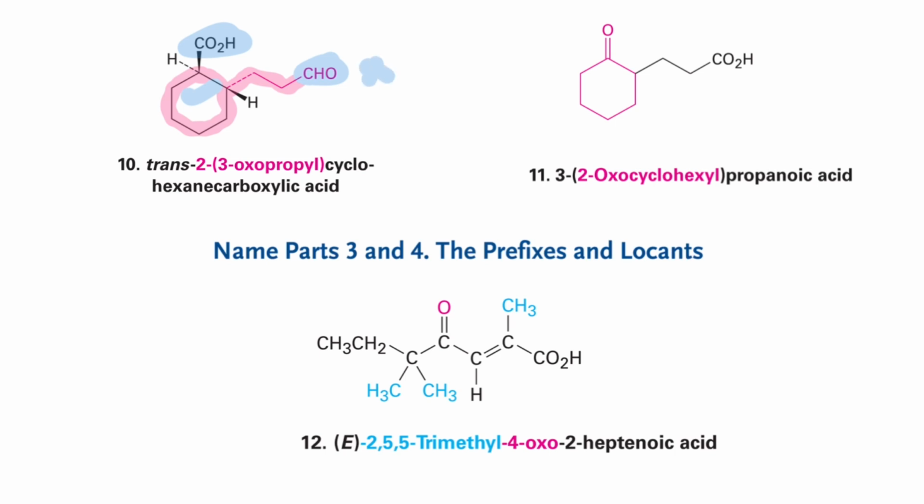So now we are giving numbering to the parent carbon chain, 1, 2. So at the second position we have this total substituent. What is the total substituent? 1, 2, 3 carbon this is.